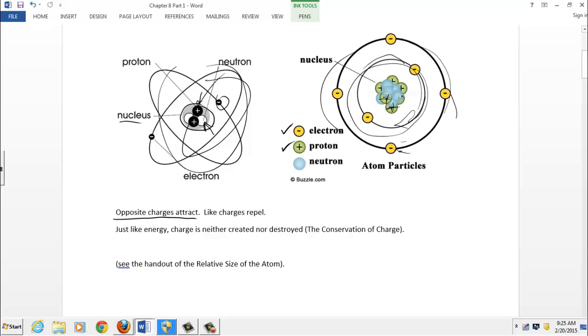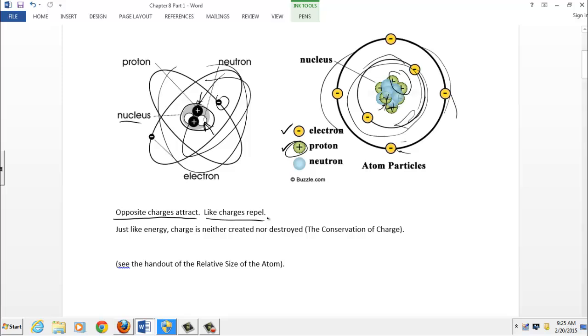Well, there's another force in there holding them together. When we talk about nuclear power, we'll talk about harnessing the energy of that attractive force in the nucleus. It's a really strong force holding all these protons together, despite the fact that they have the same type of charge and want to repel each other.